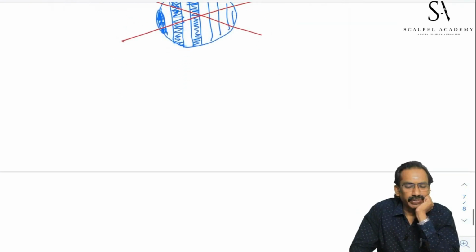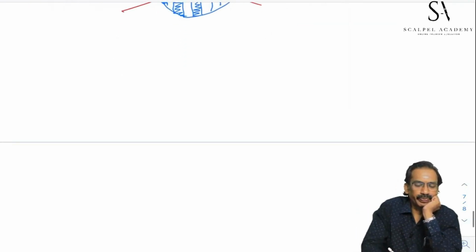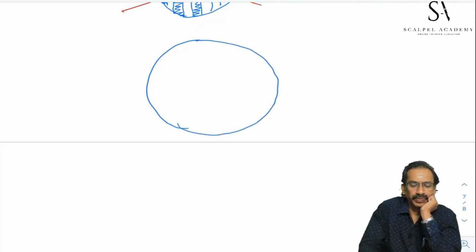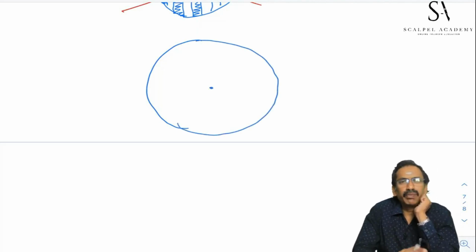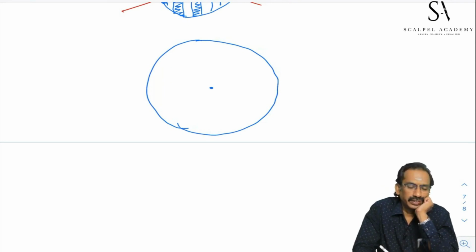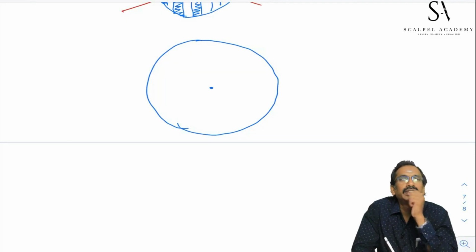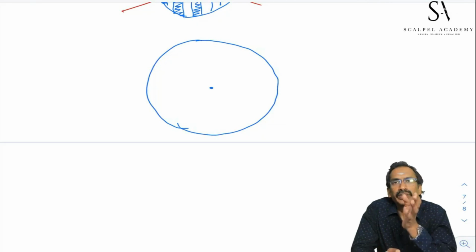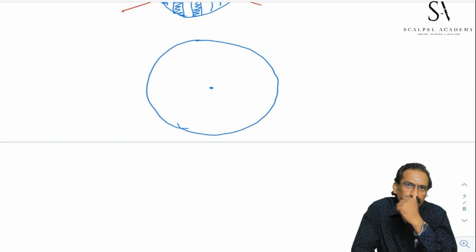I take another type of division. Division of elements: number of circular elements. Each element's thickness is dx. I am going to divide into concentric circular elements.